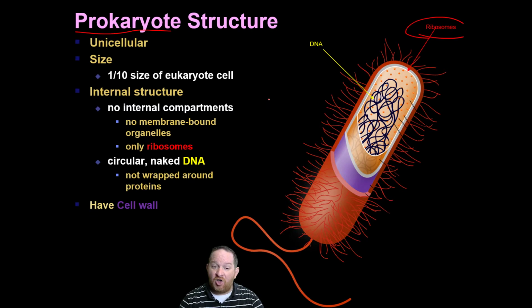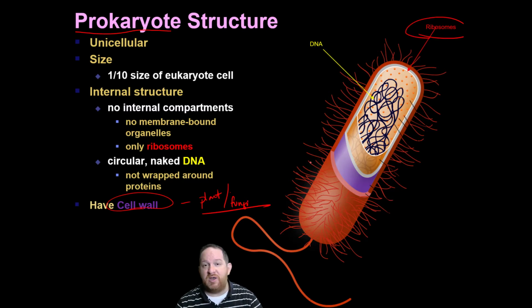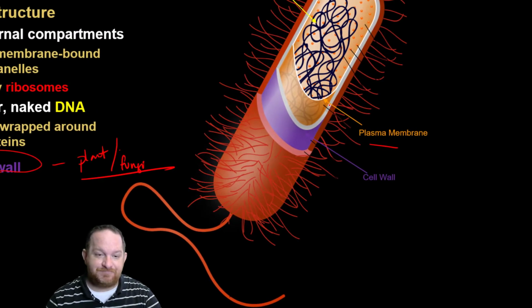Prokaryotic cells also have cell walls. You may remember that plant cells and fungi cells have cell walls, not animal cells. But because these bacteria also have cell walls, it is one interesting way that we can help to combat them. So bacteria, prokaryotes, do have cell walls. They also have, as you see here, a plasma membrane as well.